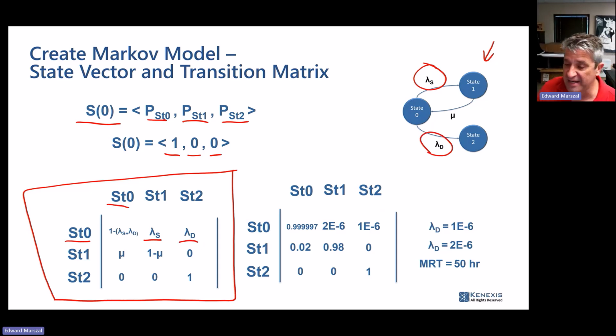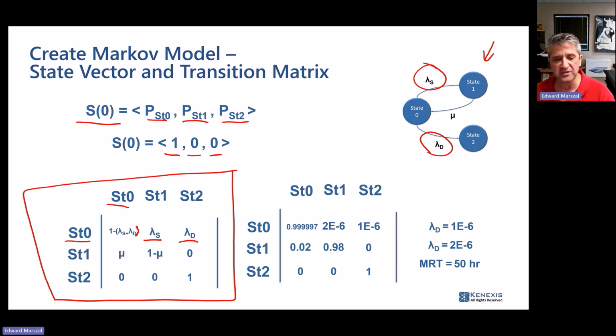So what then is the probability of staying in state 0? Each row of the matrix needs to sum to 1. So if I've got lambda s and lambda d, then the probability of staying in state 0 has to be 1 minus the sum of everything else, or 1 minus (lambda s plus lambda d). Need to fix this slide, sorry about that.